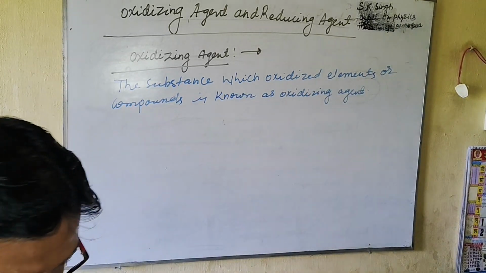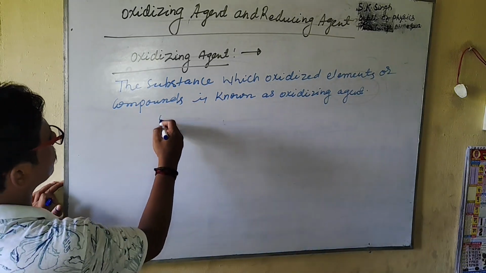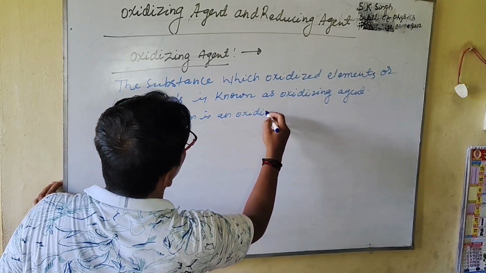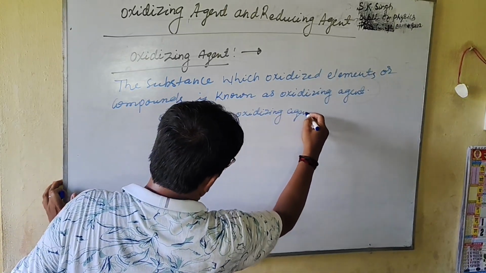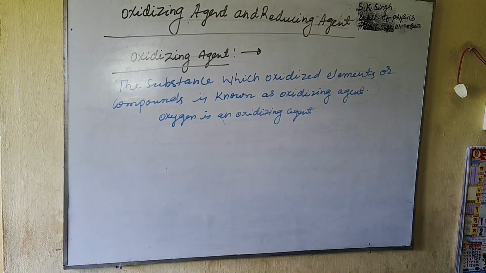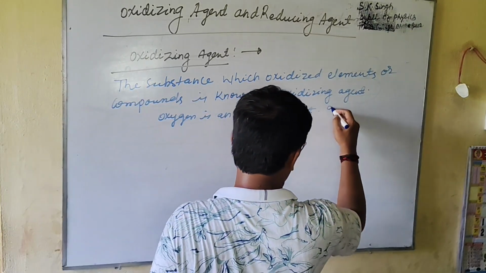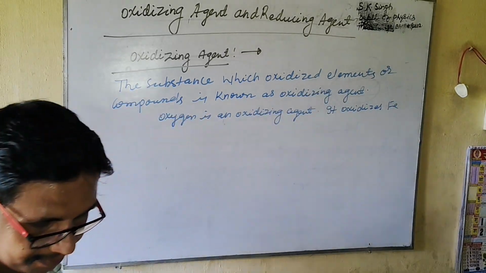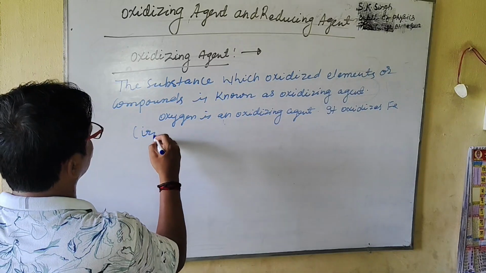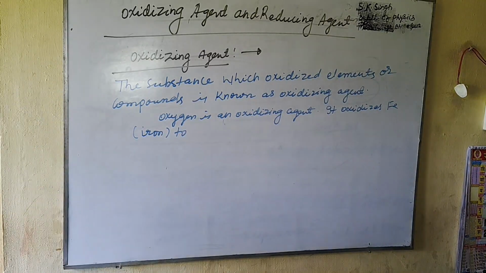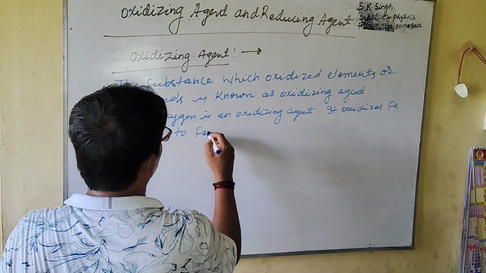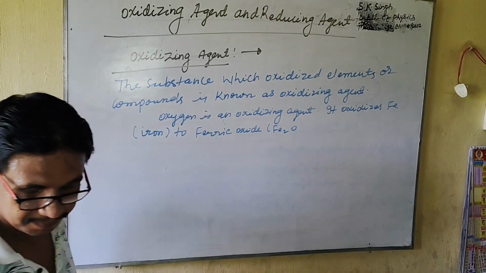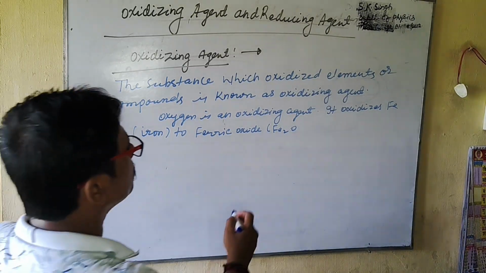We can take the example. Oxygen is an oxidizing agent. We all know oxygen is an oxidizing agent. It oxidizes Fe, iron, to ferric oxide, Fe2O3.